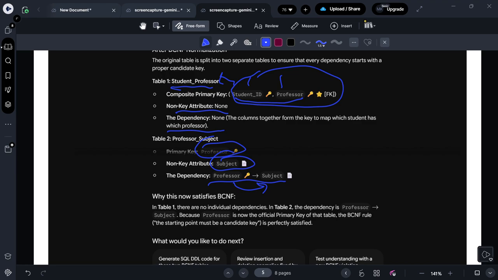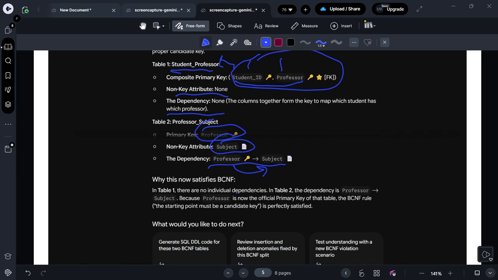This satisfies Boyce-Codd normal form. In table 2, the dependency is this, because professor is now the official primary key of that table. So one key can go to one attribute, this is fine, but we cannot put an attribute here where that attribute goes to this and that goes to this, that is not fine. Only one attribute goes to only one key, at max.